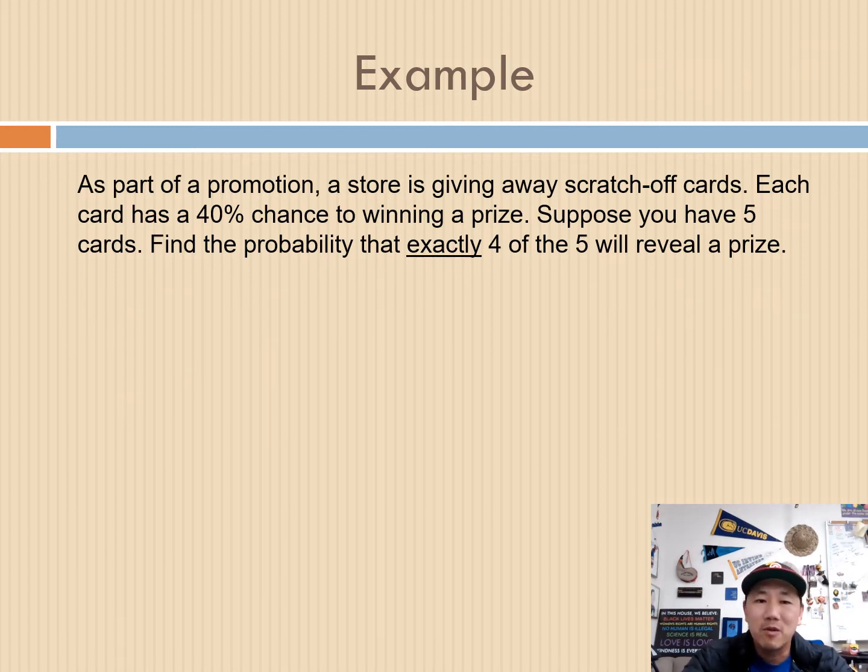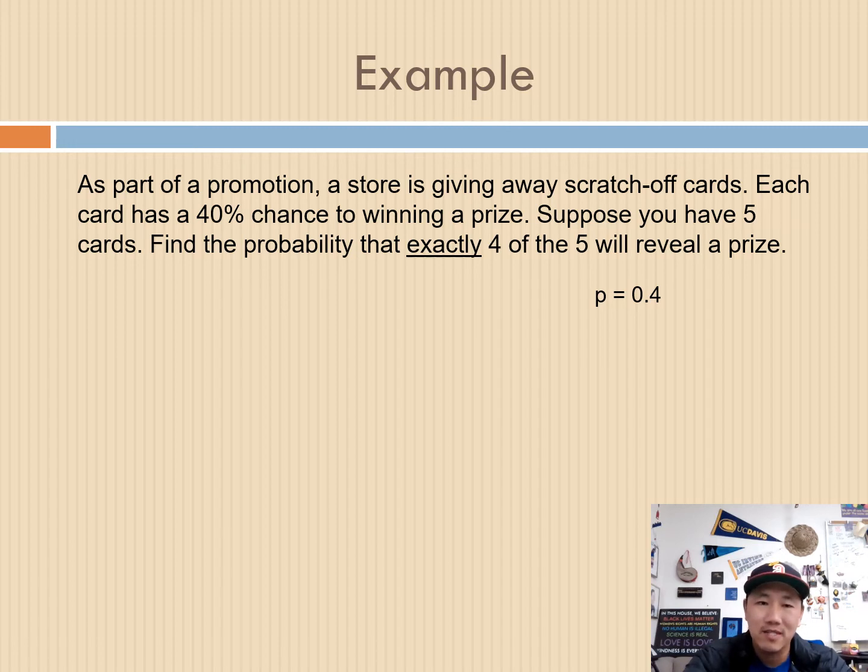As part of a promotion, a store is giving away scratch-off cards. Each card has a 40% chance of winning a prize. Suppose you have 5 cards total. Find the probability that exactly 4 of the 5 cards will reveal a prize. All right, so the probability of success is 0.4.